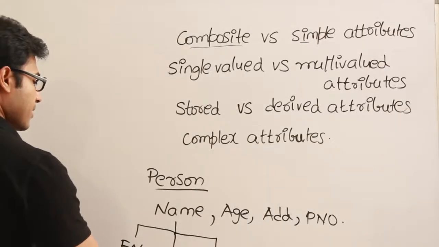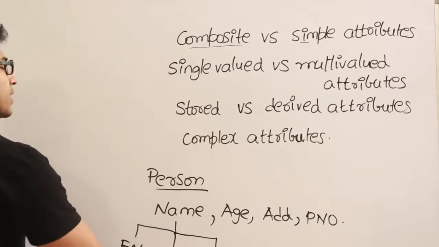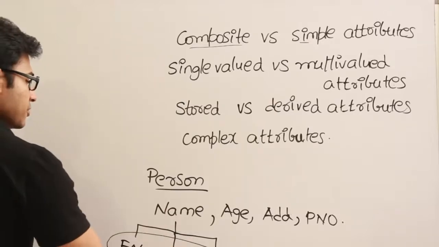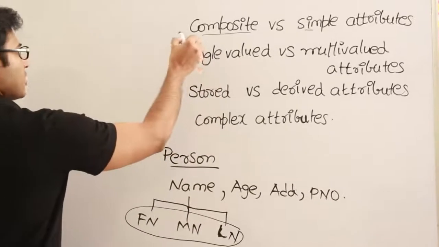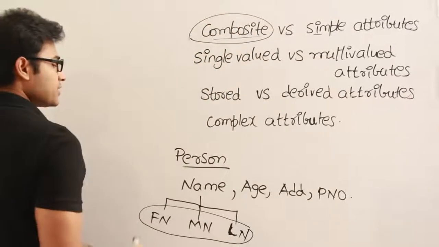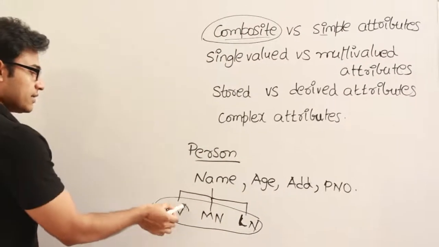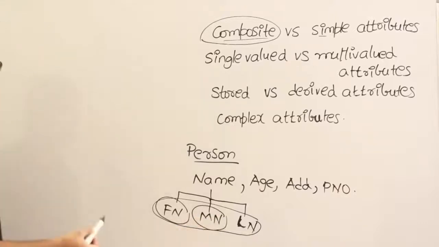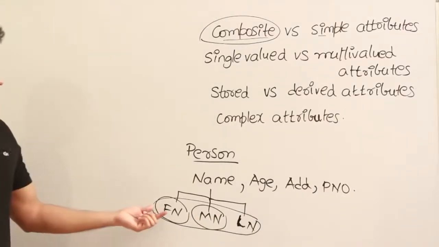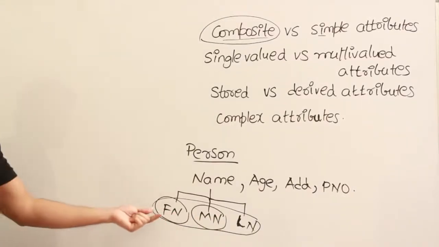Got it? Name is an attribute which is composed of many attributes, and that is why it is called a composite attribute. And these are called simple. Simple attributes cannot be divided further. That is why they are called simple.